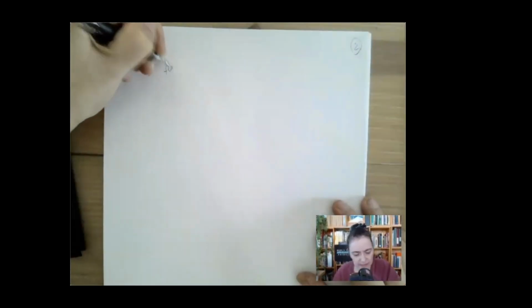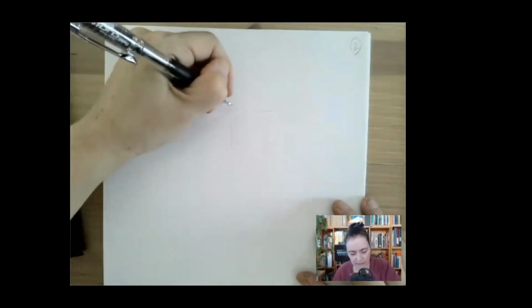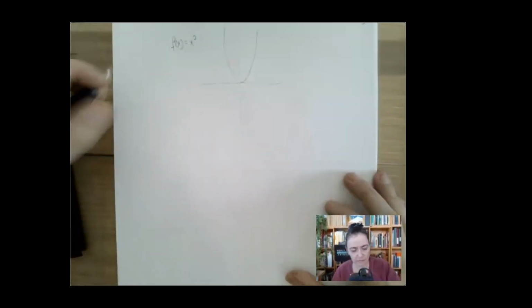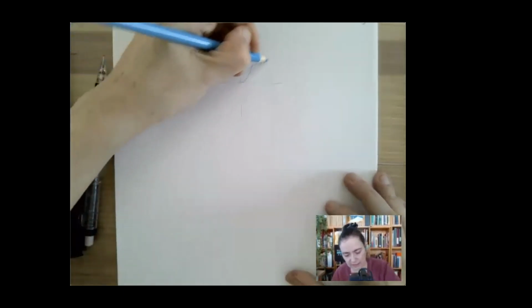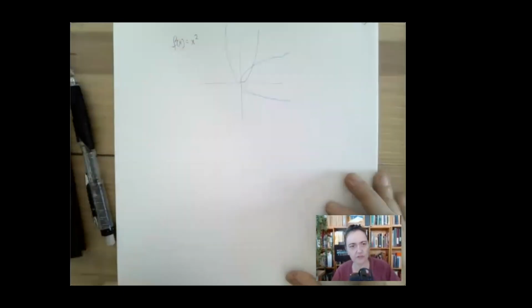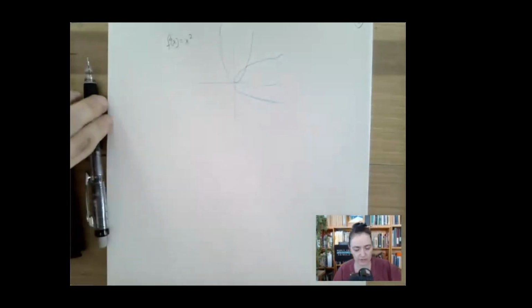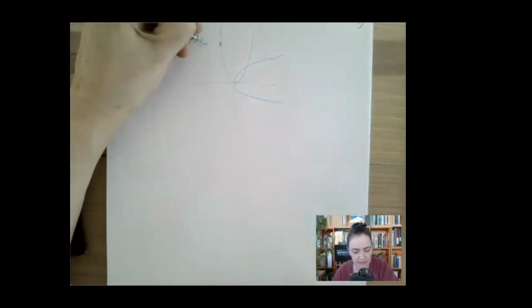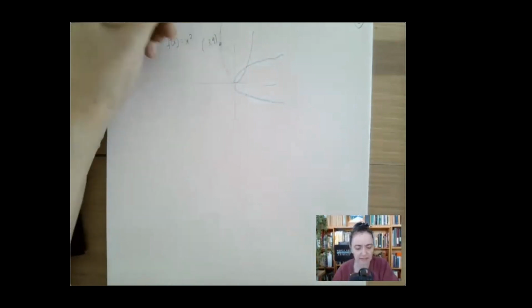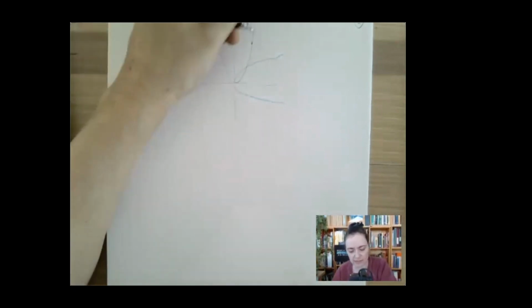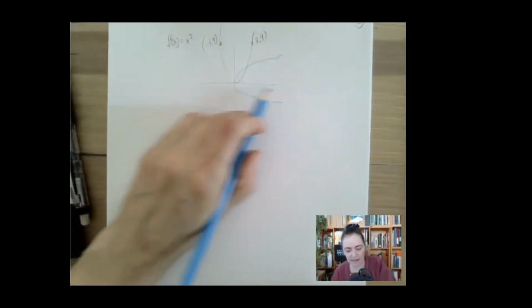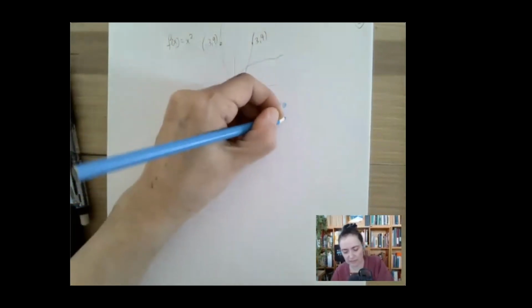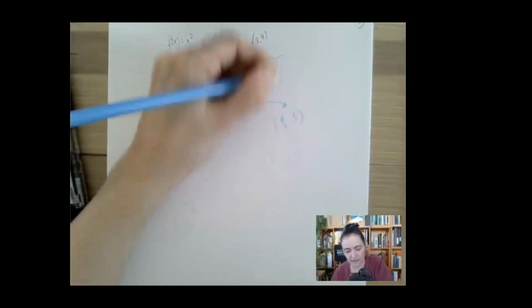f of x equals x squared looks like this. The inverse relation looked like this. Remember, we just swapped the coordinates. So if this point here is -3, 9, and this point here is +3, 9, then when you swap the coordinates, you get 9, -3, and 9, 3.